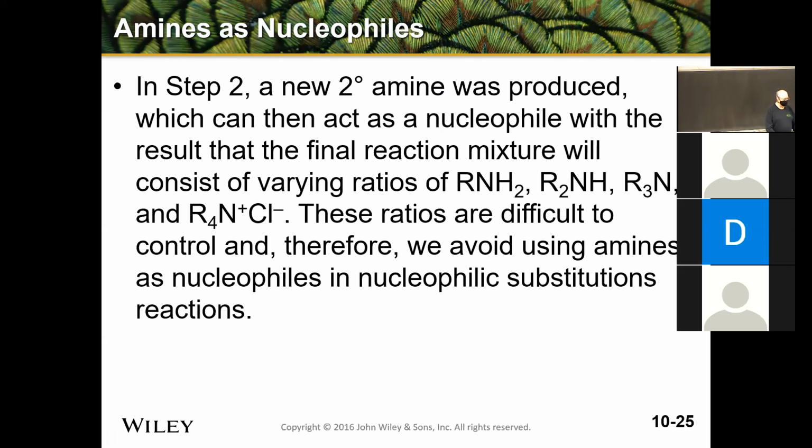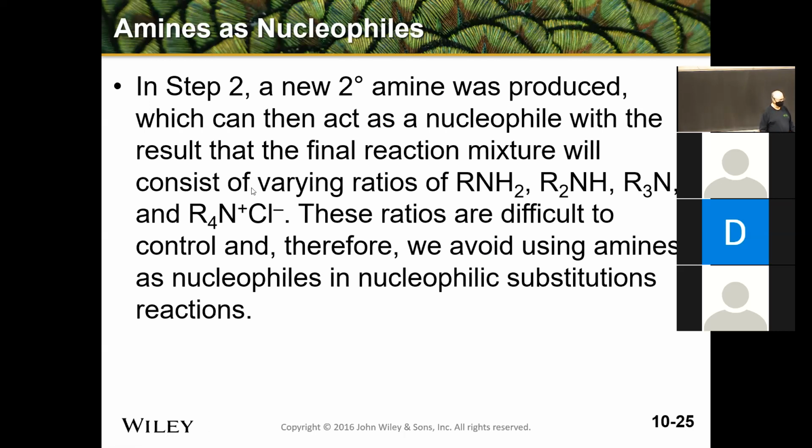Okay, in the second step, a new secondary amine was produced, which can then act as a nucleophile. And so the final reaction mixture will consist of varying ratios of primary, secondary, tertiary, and even quaternary salts. These ratios are difficult to control, and therefore we avoid using amines as nucleophiles in nucleophilic substitutions.